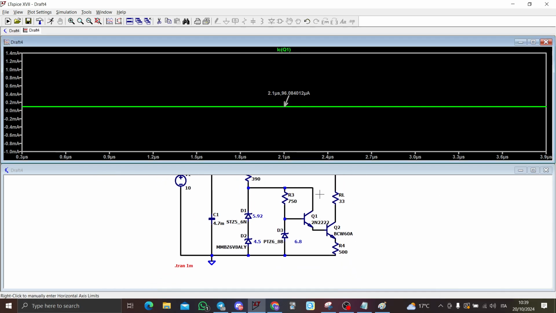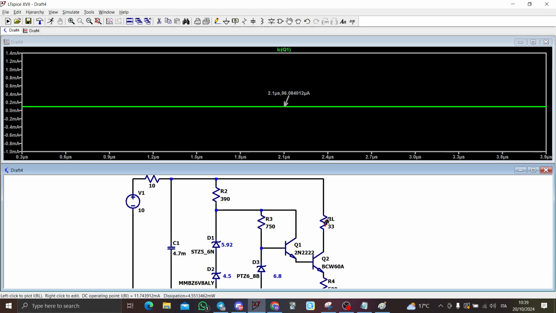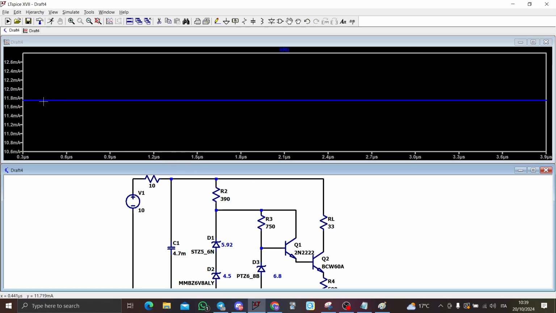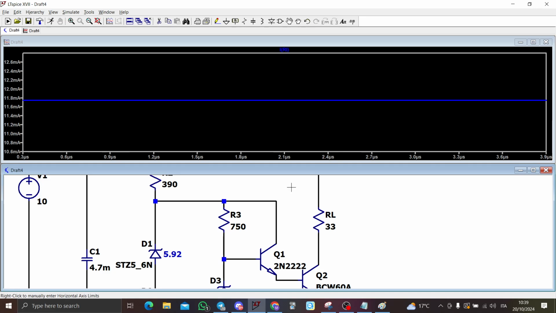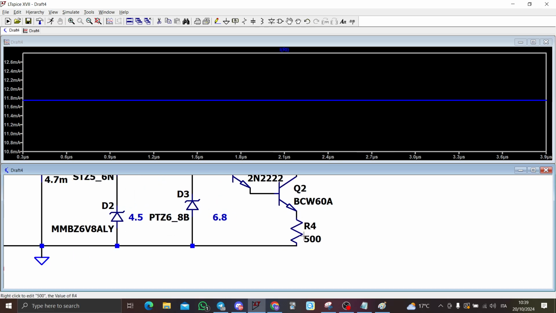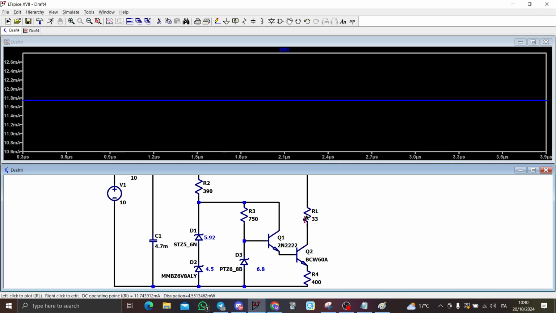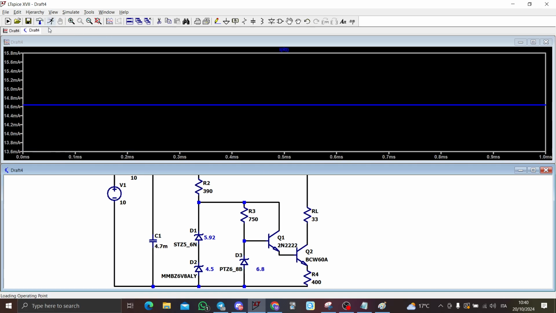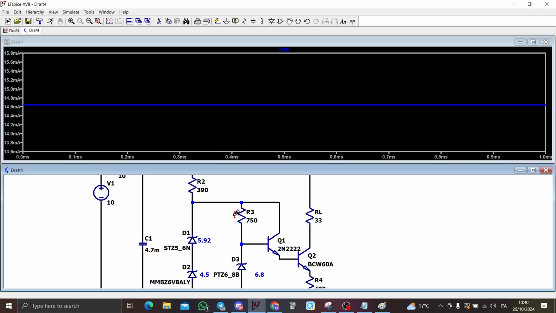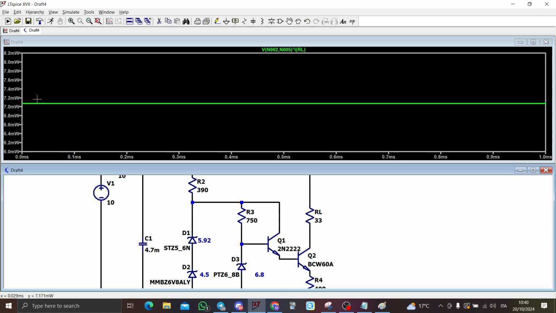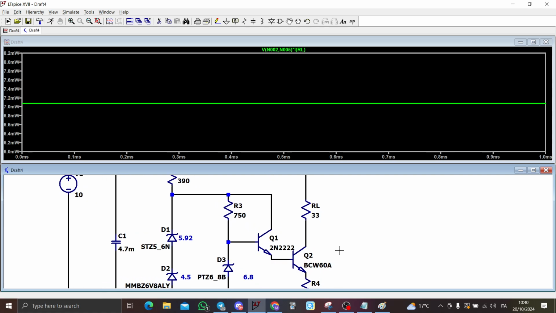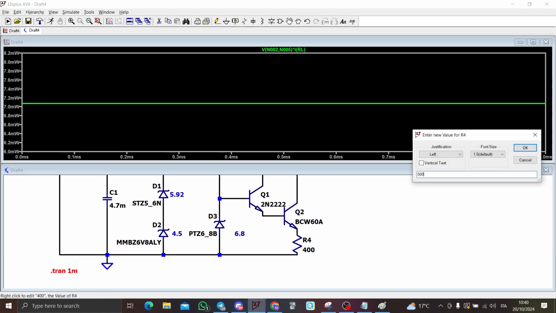It is correct indeed. Now we have to analyze the current flowing to the load, which is 1 milliamp. Let's modify this resistor to 400, and let's see if we can modify the current of this load here. And we actually do. We have modified the current flowing to this resistor here. Pay attention to the dissipation, because now it is very low dissipation, but we are modifying the current.